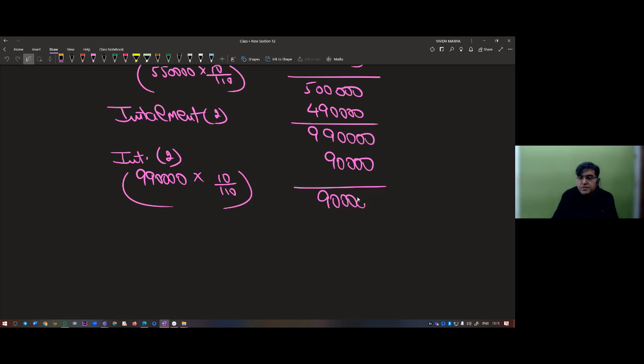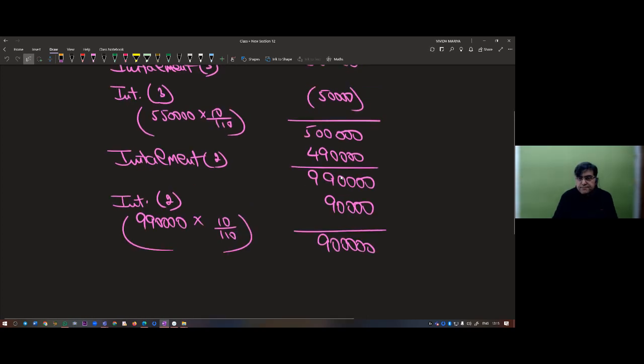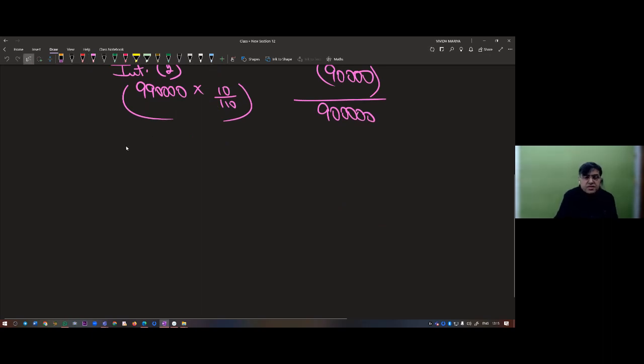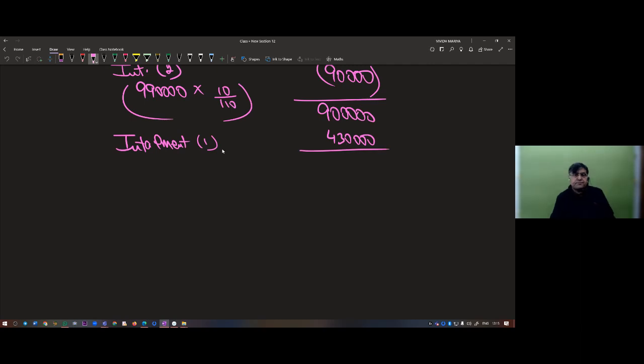It will be 9 lakhs. Installment 1 is 4,30,000. It is 5,30,000. It is 14,30,000.